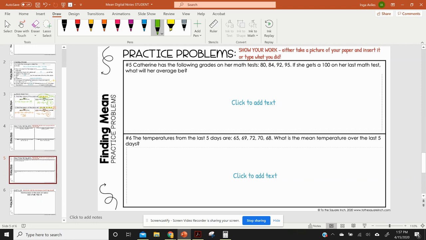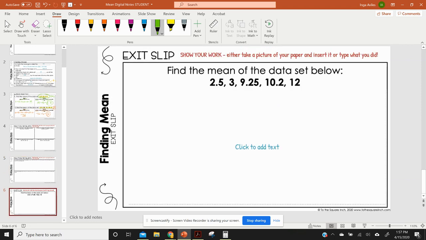Please don't be intimidated. They're very basic. And then slide 6 is finding the mean. I know this one has decimals. See, they're right here, 2.5 and 9.25 and 10.2. But you do have access to a calculator, whether it's on your phone, a handheld, on your computer, whatever. You have one, so it should not be an issue.